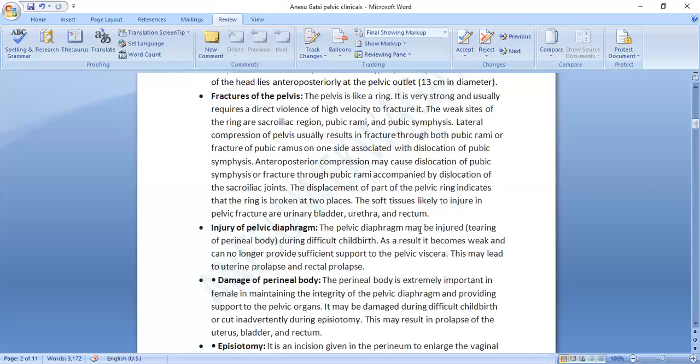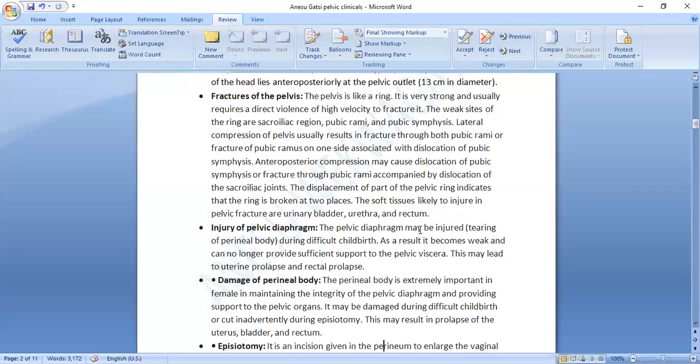So this pelvic diaphragm may be injured during parturition, and they say that if the pelvic diaphragm is injured during parturition, it will be more difficult for it to heal as compared to the perineal body.